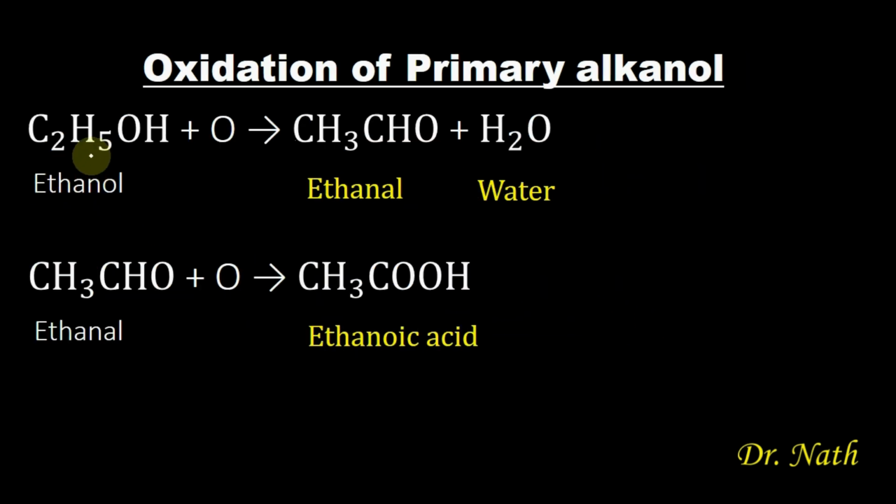So this is ethanol, a typical example of a primary alkanol. When it is oxidized, it is one of the hydrogens here that is oxidized to form ethanal, and on further oxidation, one of the hydrogens as well will be oxidized to form ethanoic acid.